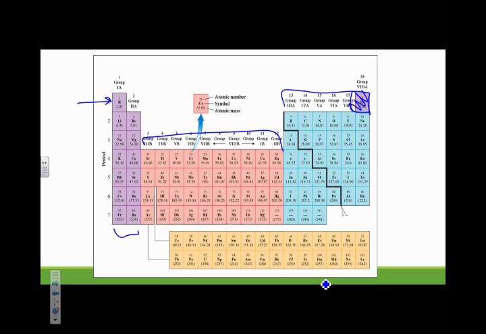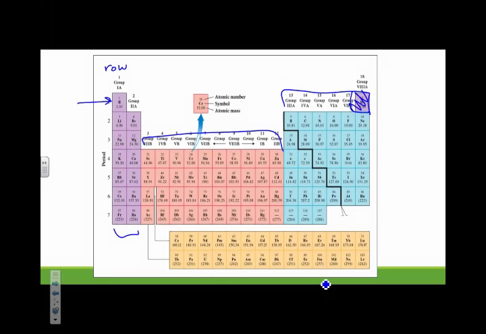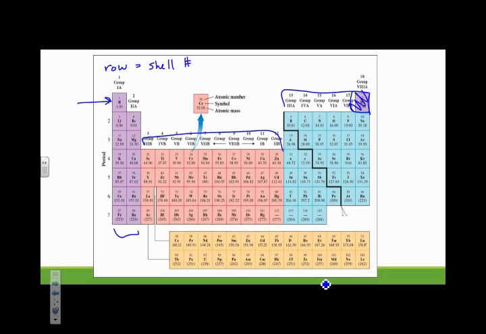So remember that the row equals the shell number, except in the case of the D subshell. For the D subshell, we find that the shell number equals the row number minus 1.